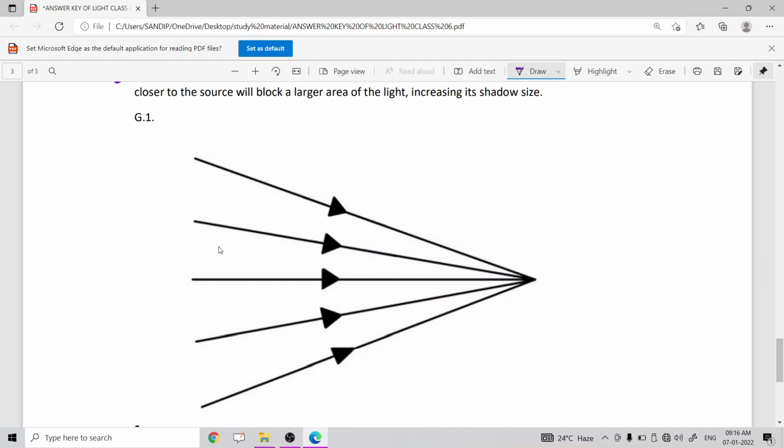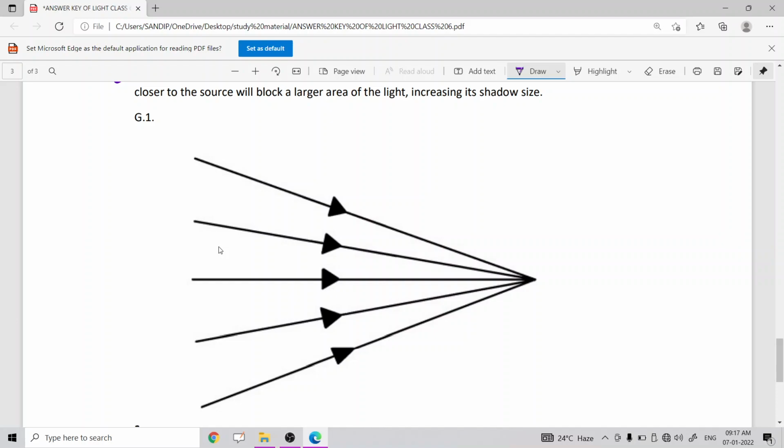For the next one, question number 5, what is a solar eclipse, and how many types of solar eclipses can be formed. The answer to this question is also in your book, and I already discussed the definition of solar eclipses, so you just have to write the definition and how many types of solar eclipses there are.